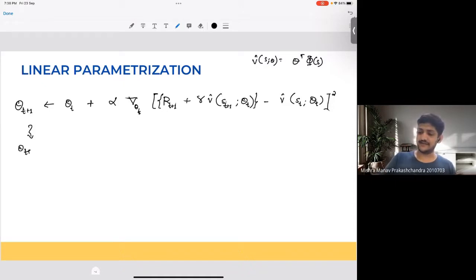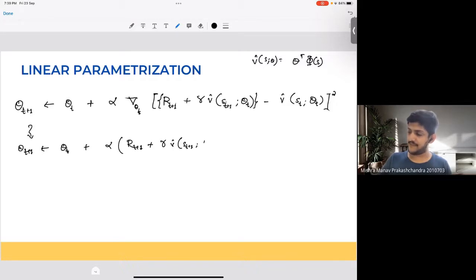So my theta update, instead of the gradient, I have the target times my phi of s.